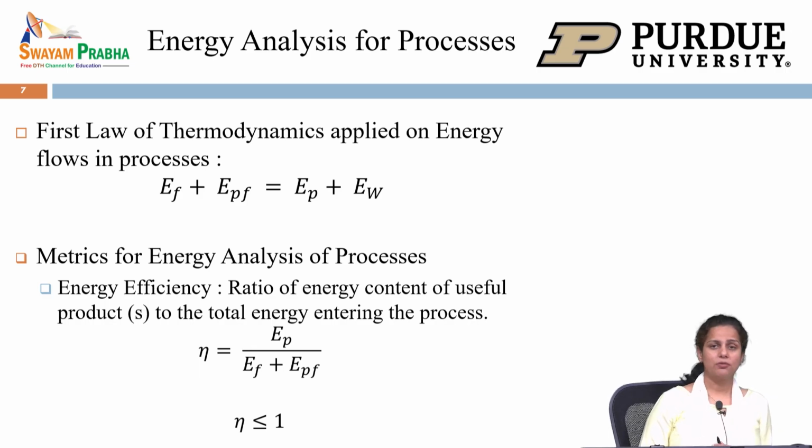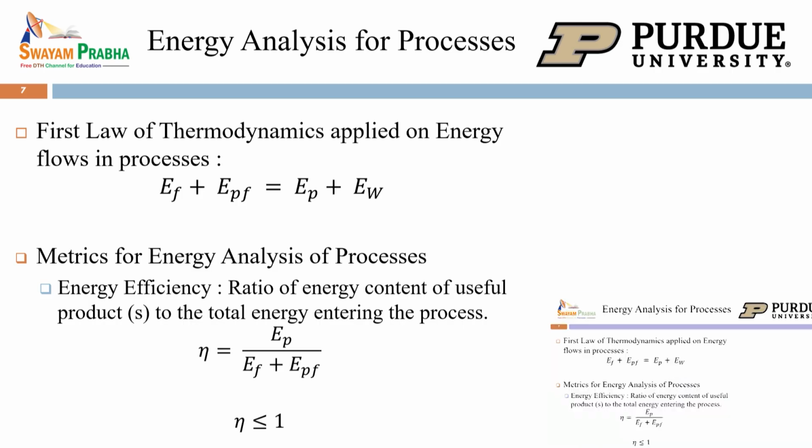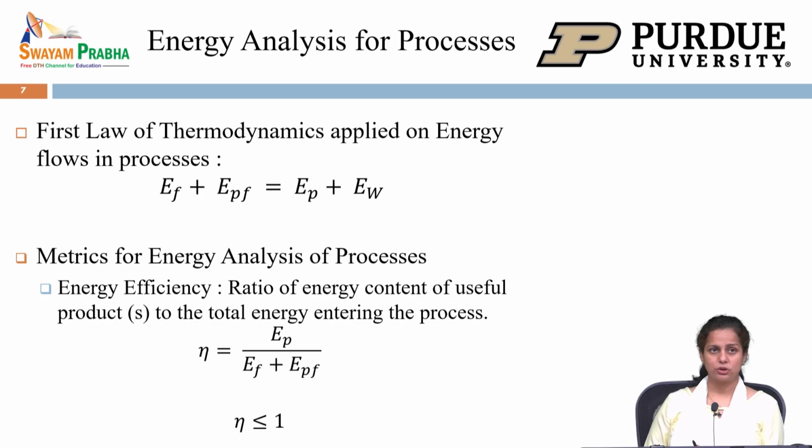So, once you have all of these flows that you map for your process, then we can go for the metrics that can be used. The first metric that you might be aware of, if you have taken any engineering courses, is the energy efficiency. Energy efficiency is simply defined as the ratio of energy content of useful products to the total energy entering the process. So, your eta is given as EP divided by EF plus EPF.